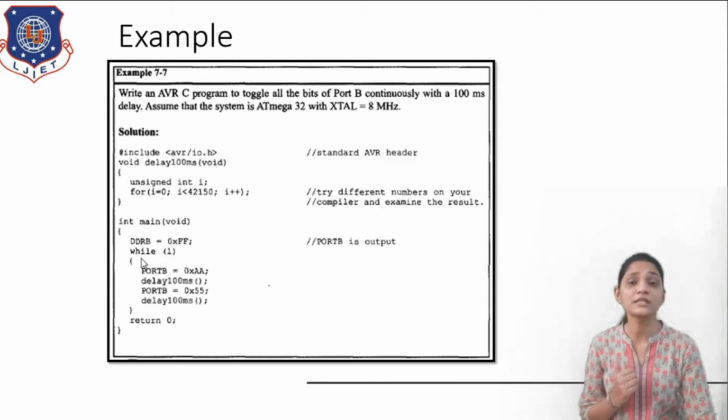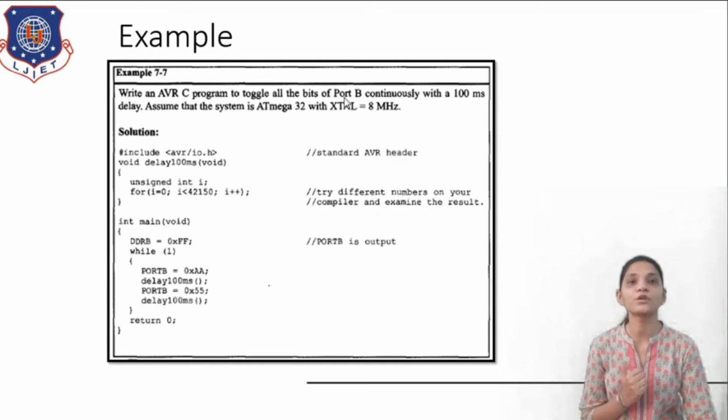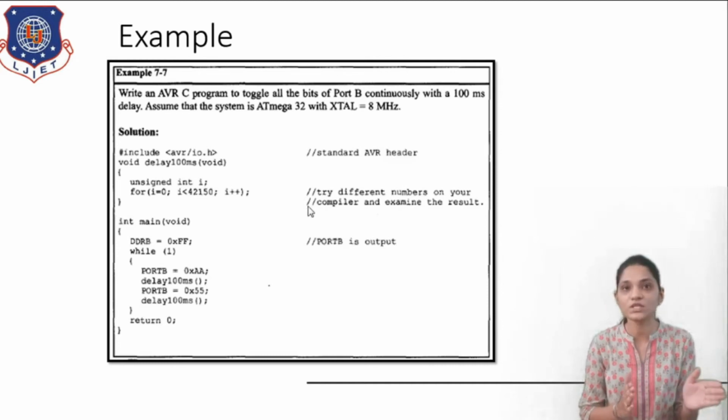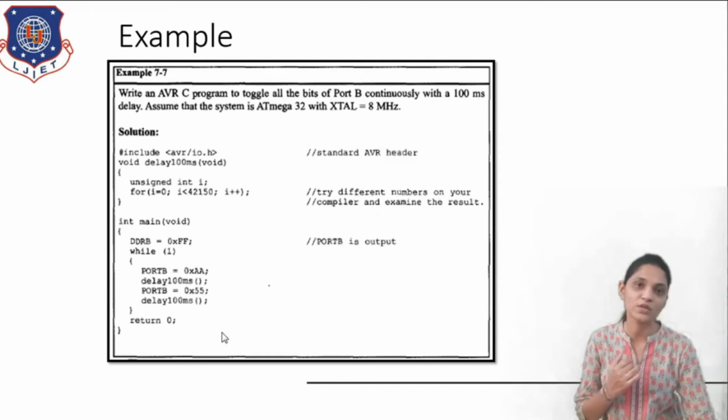Then we use the while loop with 1 in brackets, so this loop is continuous. Then we have to toggle the bits on port B. For toggling we have the bit pattern 10101010. So first we send AA, then provide delay, and then send 55. That will toggle your bits as 101010.